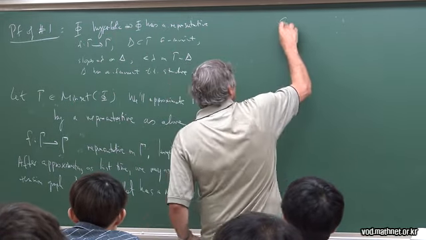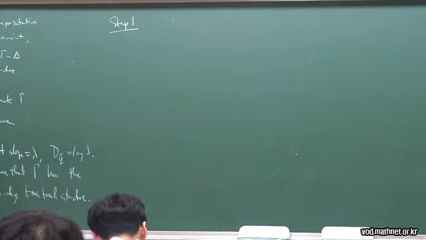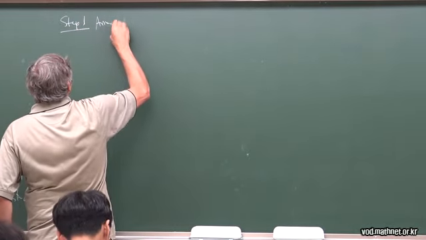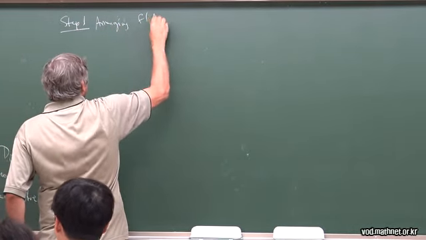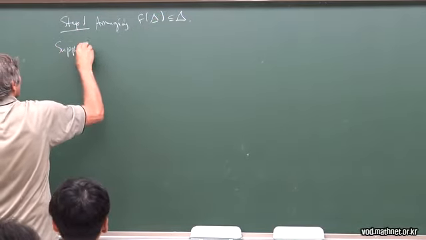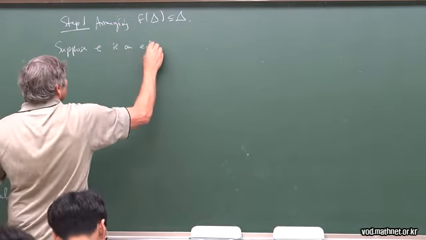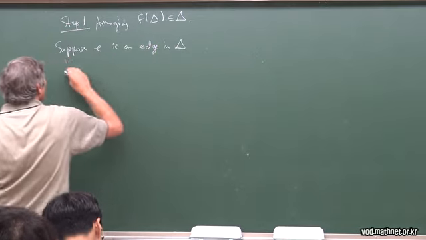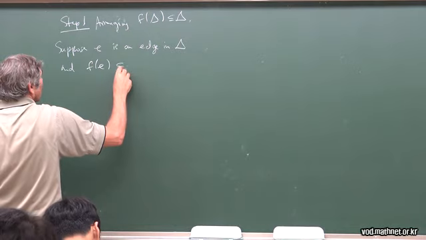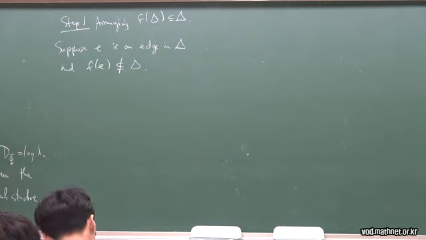Step one, arranging f of delta is contained in delta. Suppose E is an edge in delta, and f of E is not contained in delta. Okay, so there is some edge in delta that slips out.